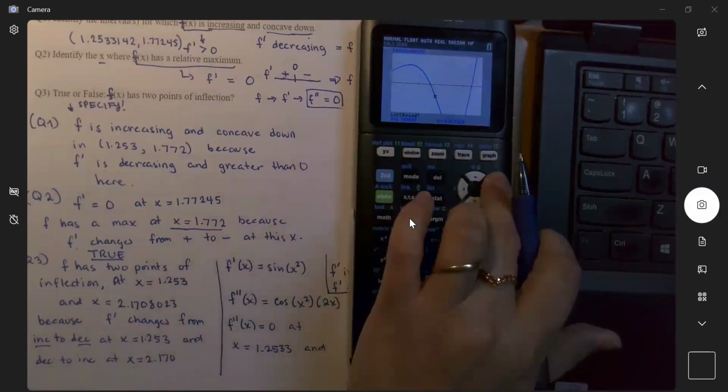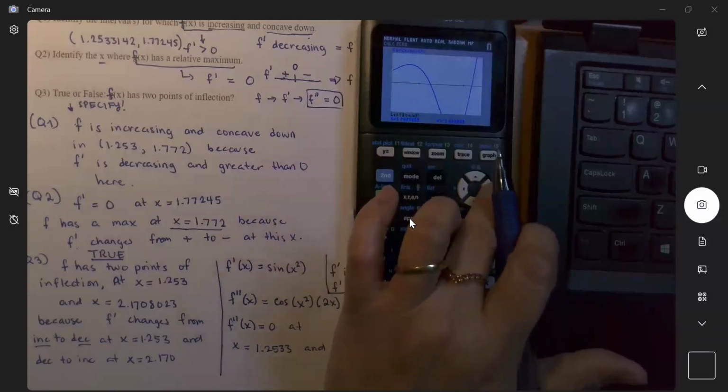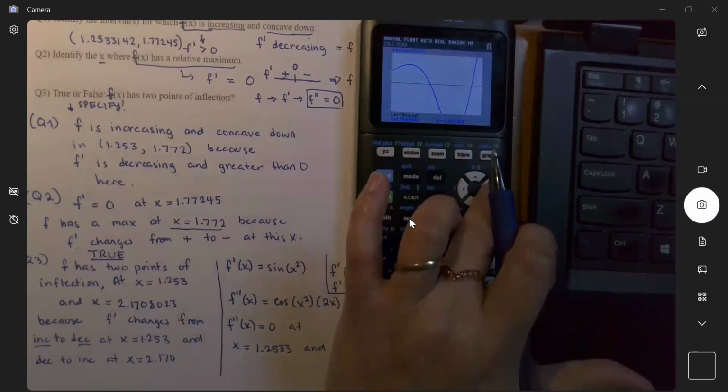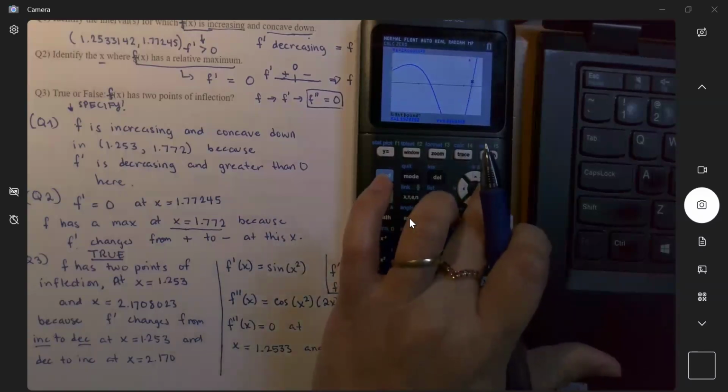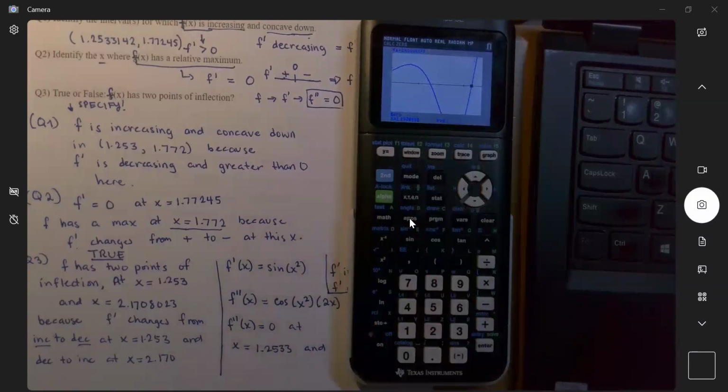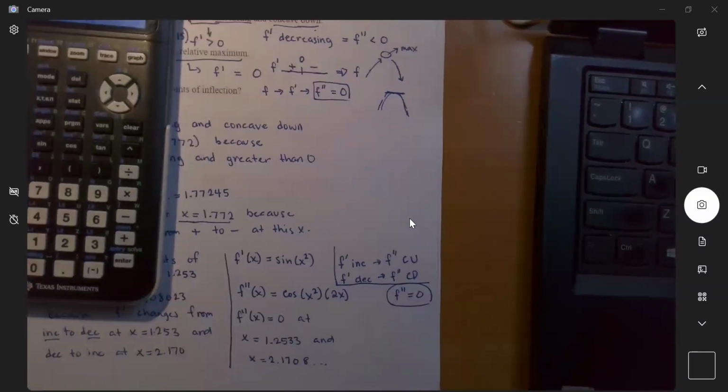Get closer to that. You can actually just plug in an x in there, but I like to use my right cursor. Go straight, that's my left bound. Now move to the right bound, press enter. And x equals 2.1708, etc.